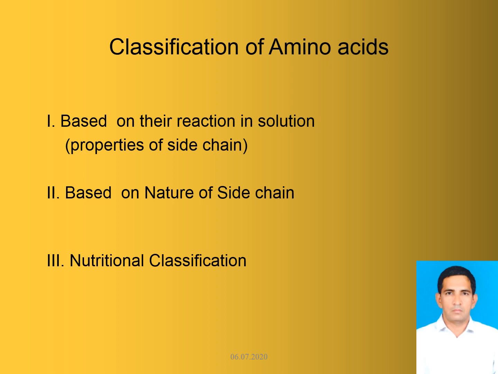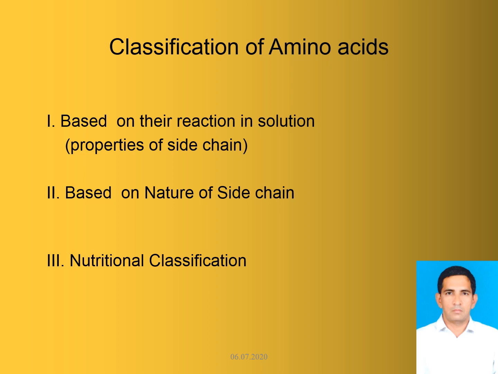The amino acids that are to be supplied through diet are called essential amino acids. They cannot be produced by the body. These are 9 essential amino acids: valine, histidine, isoleucine, leucine, lysine, methionine, phenylalanine, threonine, and tryptophan.